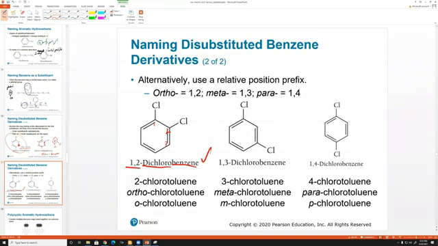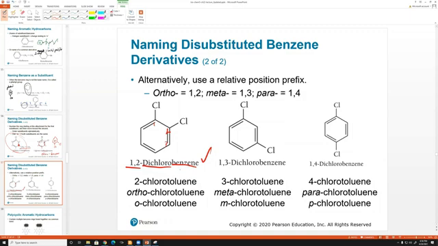And there are. If you have 2 substituents that are the same, or that are not even the same, they could be different too, and they're next to each other, they're 1,2. You can call them ortho. So you can have ortho-chloro, and it wouldn't be benzene, it would be toluene, because toluene, well, wait.